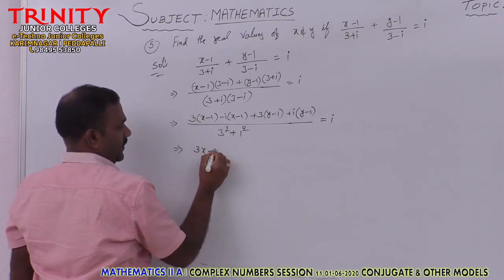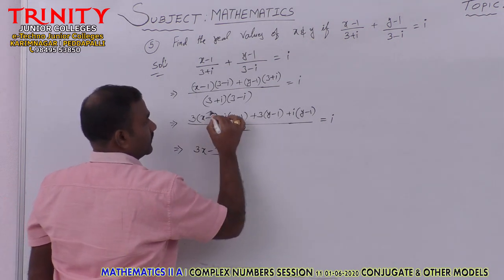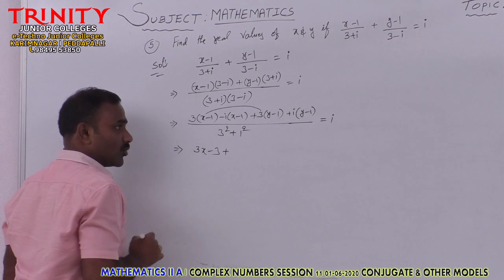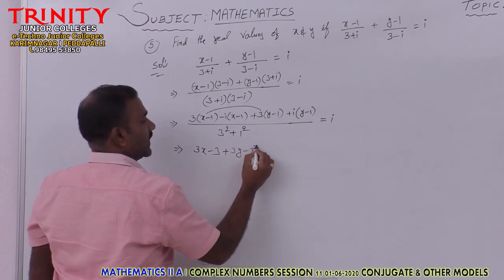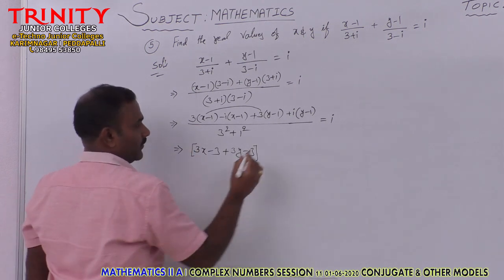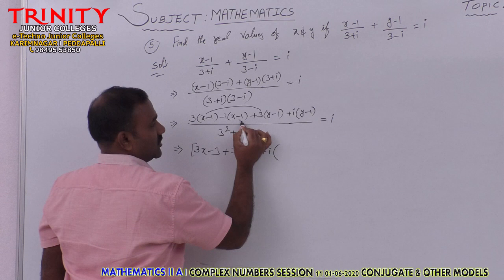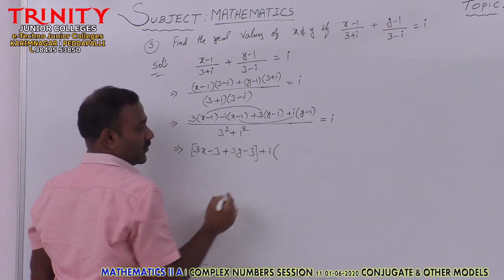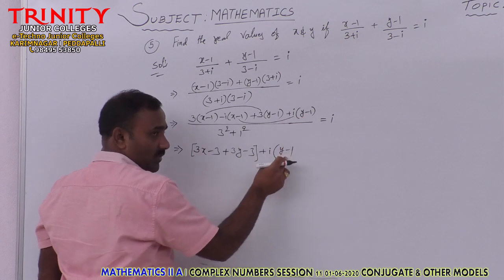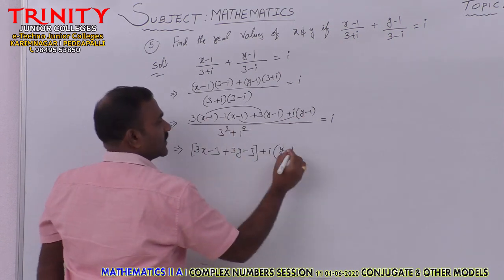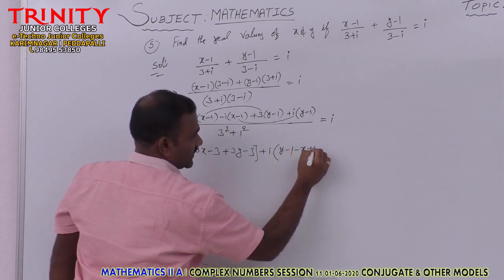Now 3x minus 3 plus 3y minus 3 are the real parts, other than the i coefficients, plus i of the imaginary parts. These two are the imaginaries, the i coefficients. y minus 1, this one is positive, that's why I am writing it first. Then minus of x minus 1, that is minus x plus 1.